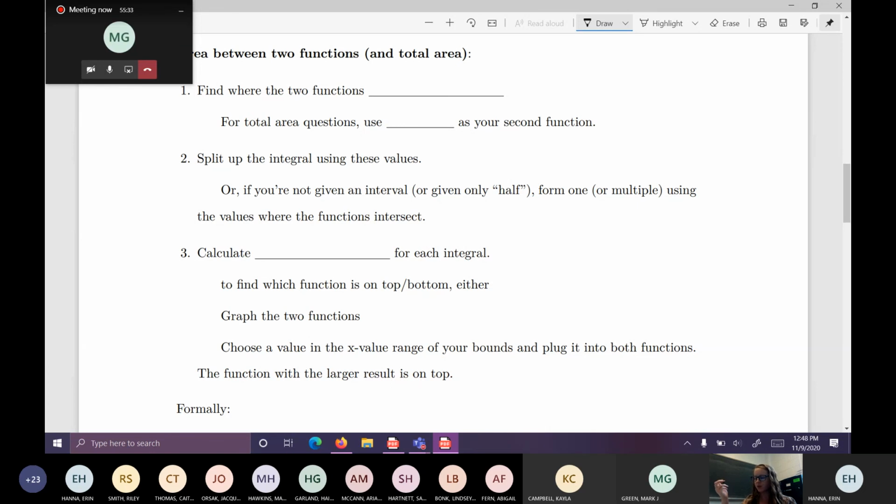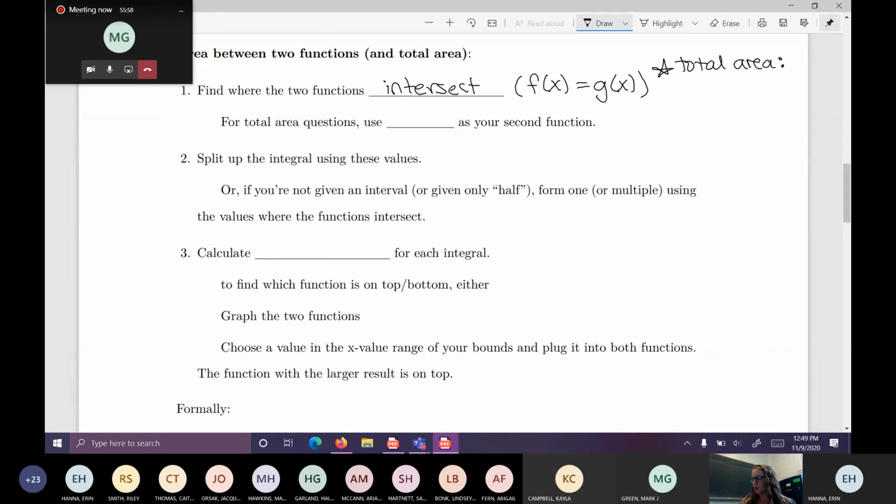What you're going to do is find where the two functions intersect. So the first thing you need to do is take the two functions you're working with and set them equal to each other. So you're going to find where they intersect.